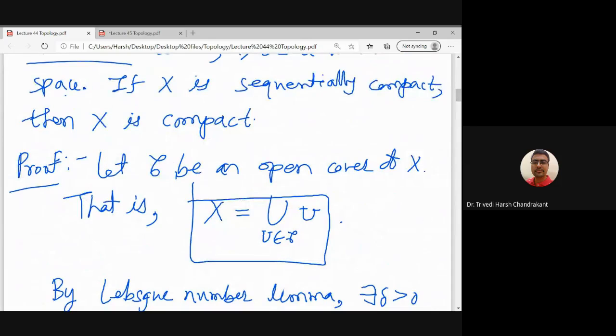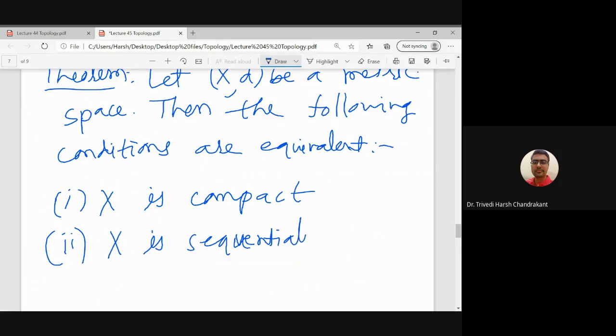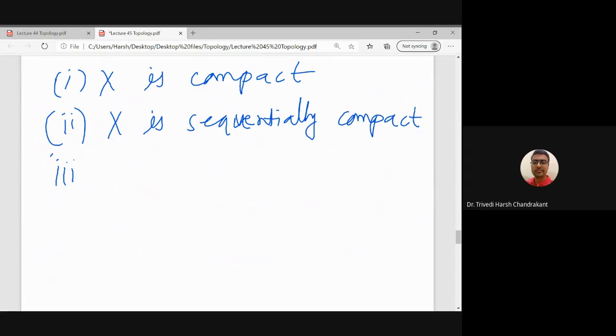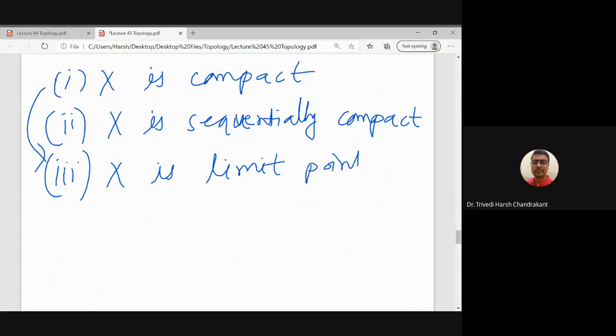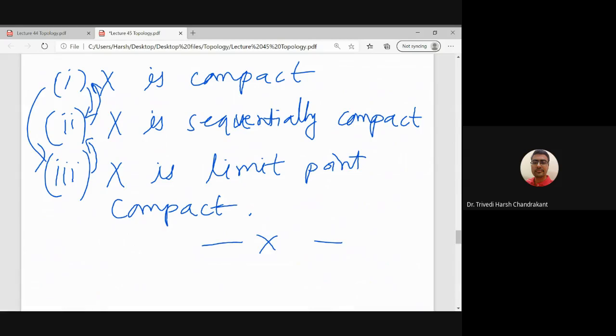Right, X is sequentially compact if and only if it is compact. And today what we discussed is that if X is compact, then X is limit point compact, and then we studied that if X is limit point compact, then it is sequentially compact, and we already know that these two conditions are anyway equivalent. So that will give us proof that all these three conditions are equivalent to each other whenever X is a metric space.